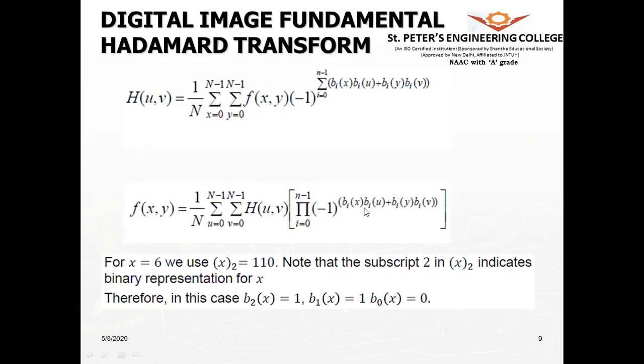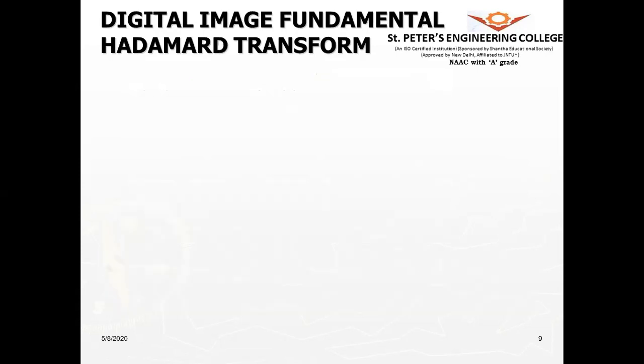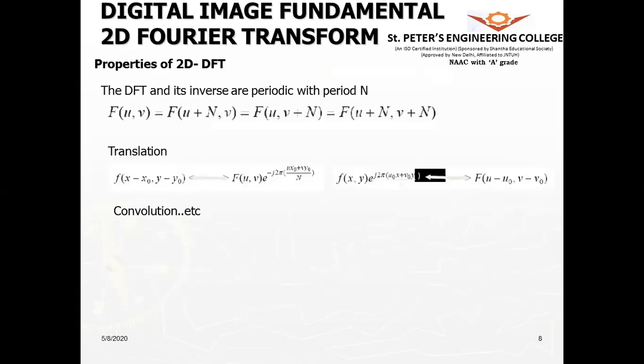B0 is the least significant bit, and B2 is the most significant bit. So what are these B's? Bi represents all the different bits. So we are going to have -1 to the power of these terms, which will result in a +1 or a -1. The Hadamard transform, as compared to the Fourier transform, does not contain other values like complex ones.